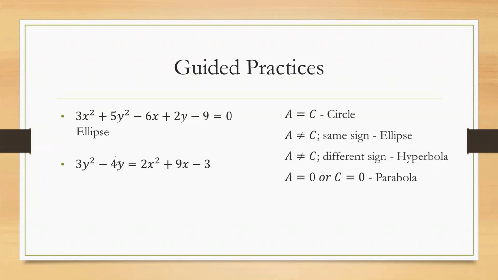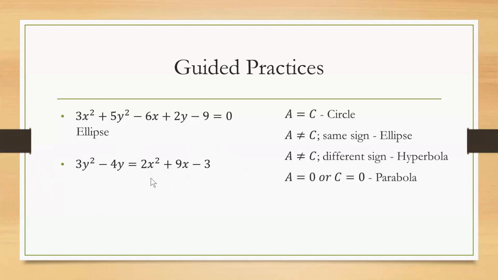So again, if we transpose, the sign of the terms change. So for example here, positive 3y squared, if we transpose this term to the right side, it will be negative 3y squared or minus 3y squared. So for negative 4y, if you transpose this to the other side, it will be positive 4y or plus 4y.